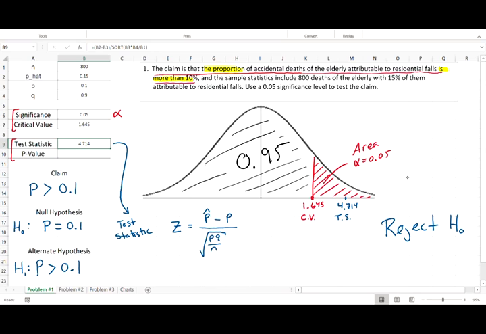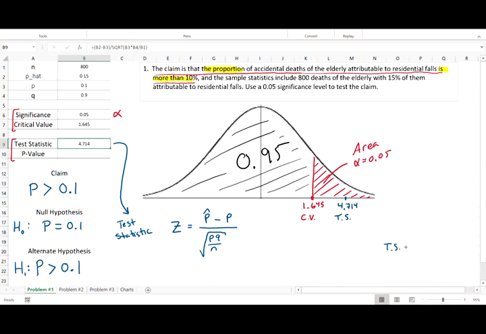So let's say over here, test statistic is greater than critical value, so we reject the null hypothesis. And then there's the other method, the p-value method. Now, let's move this a little further to the corner so I have some more room.